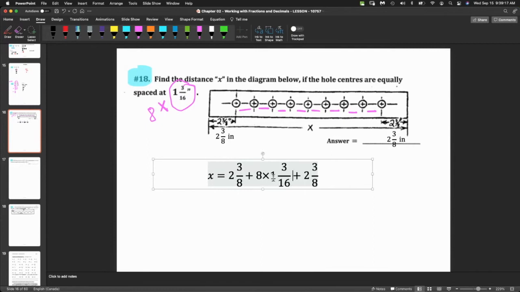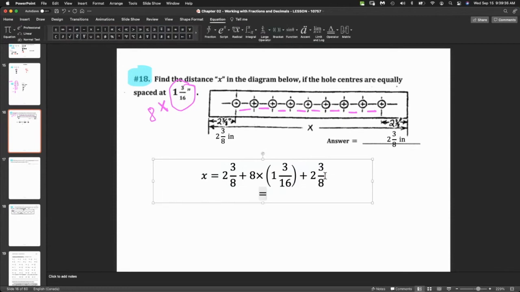And there you have it. I'm going to put a bracket on this 1 3/16 because it does look a little bit strange. So now you can actually just simplify that and be on your way.